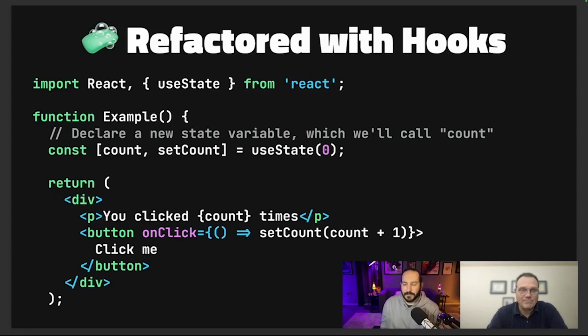One is the value of our state, and the other is a mutation function that allows you to change state over time. And from here, you can just use those in your JSX declaration. Down here, you can see we're going to display count, and onClick, we call the mutation method to increment the count as well. So again, think of that unidirectional data flow that happens in React. We call this method, and then React goes back up the component tree to re-render our components.